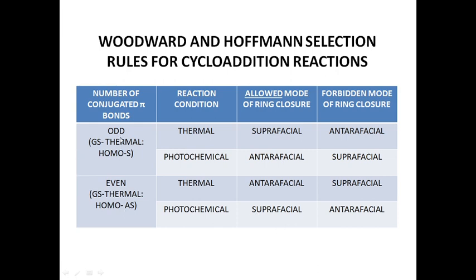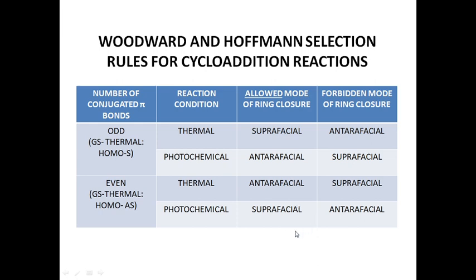So how do you find out whether it is even or odd? We have seen 2 plus 2 cycloaddition reactions. 2 plus 2, which means 4, which means it is even. Even, thermal condition, antarafacial. Photochemical condition, suprafacial. 4 plus 2, once again even, 6. Thermal condition, antarafacial.